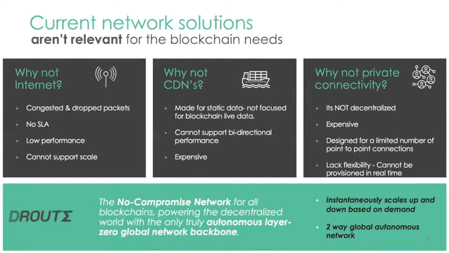And in a private connectivity approach, it's very difficult to do that, right? So our solution can scale up and down connections between block producers and validators based on demand, and it's a two-way global, truly decentralized autonomous network, right?